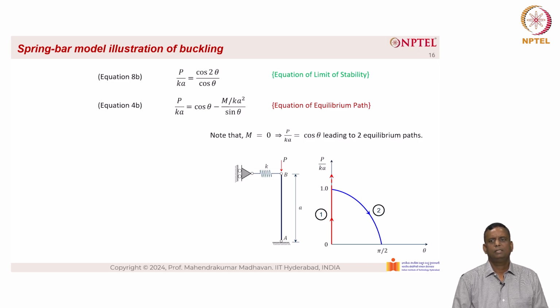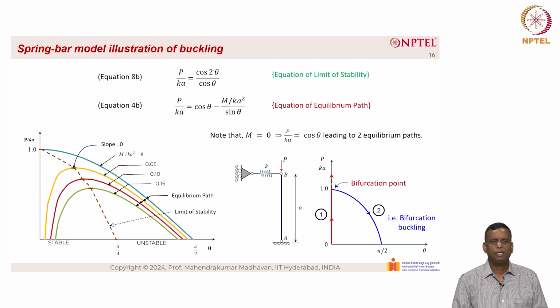So, basically there are 2 equilibrium paths, 1 and 2, as described. 1 is the red color arrow mark and 2 is the blue color arrow mark. The point at which p by Ka equal to 1.0 is also known as the bifurcation point, and this type of buckling is also known as bifurcation buckling.